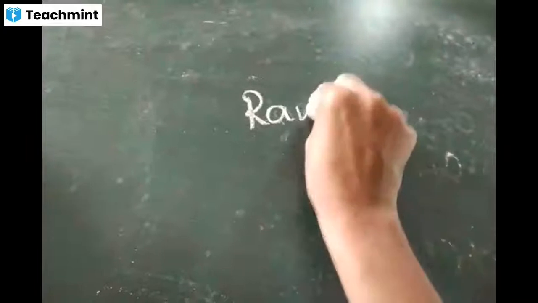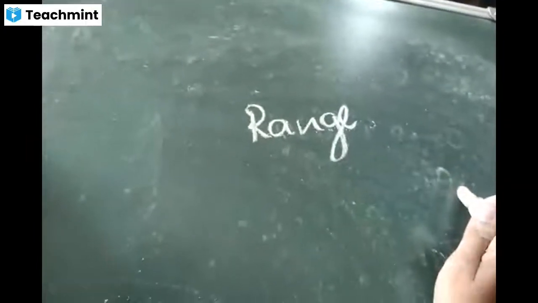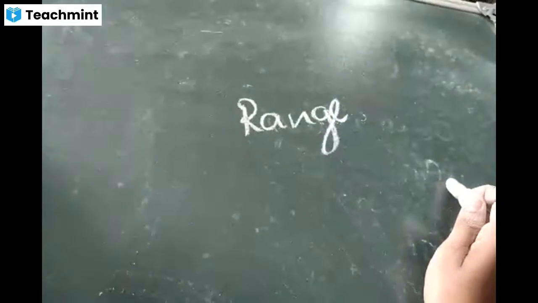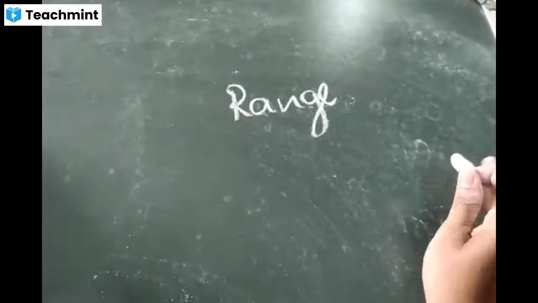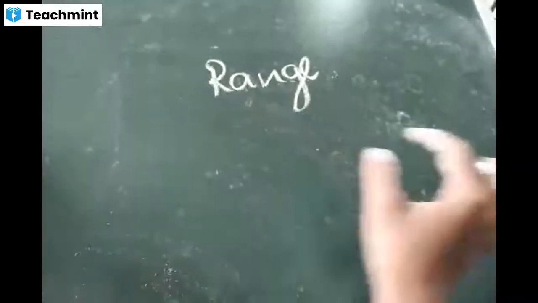Question number 17. Range. Before going for the question, I wanted to explain about range. What is meant by range? You have studied it in your data handling lesson. Range means what? I don't know if you remembered or not. In the given scores, they are giving some scores, some numbers.